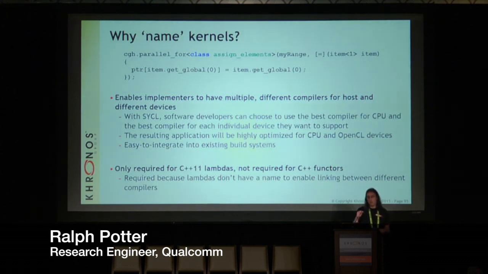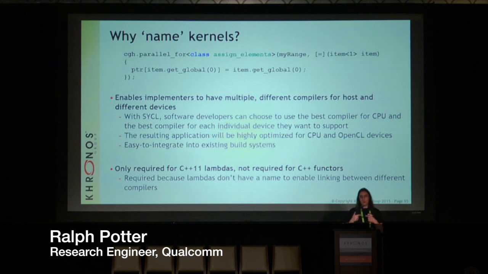That means that when you compile a Lambda function on your choice of compiler, the compiler can mangle it in whatever way it chooses. When we have a host compiler and something that's trying to compile device code to run on OpenCL, they need the same kernel name, and we need a way to do that.